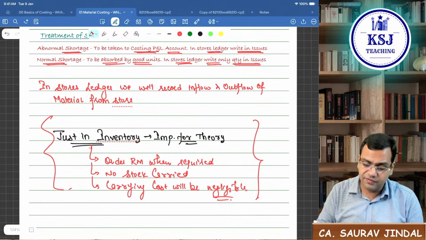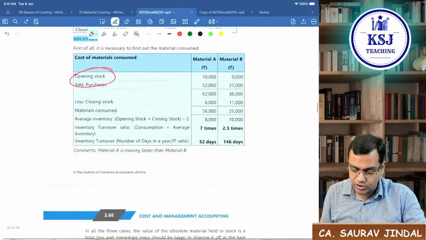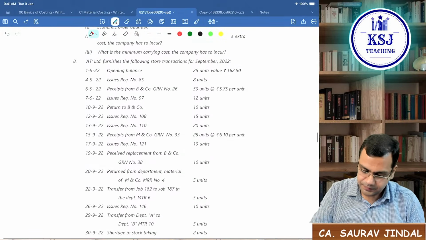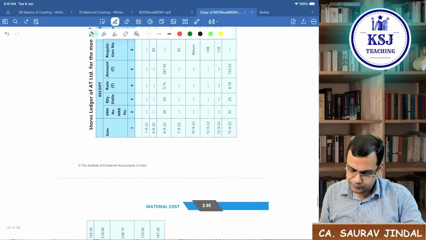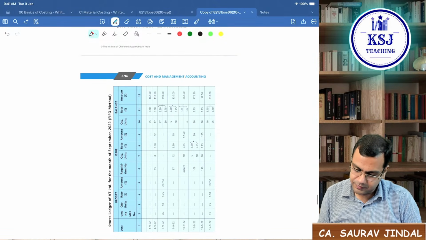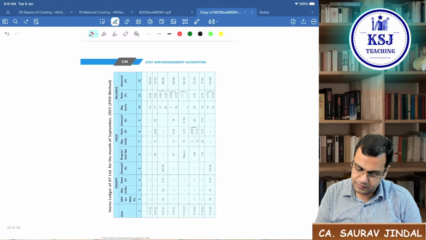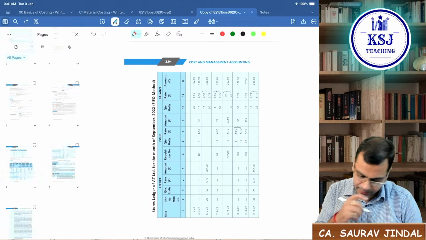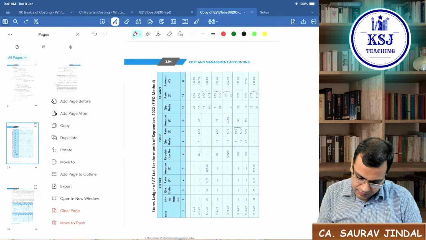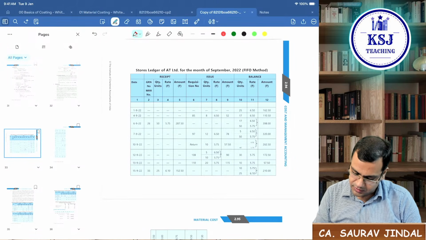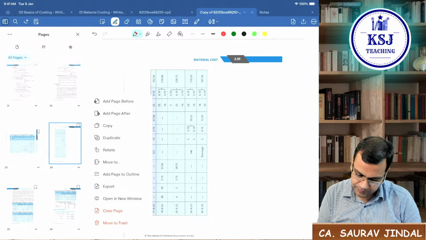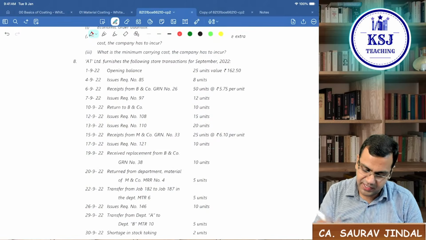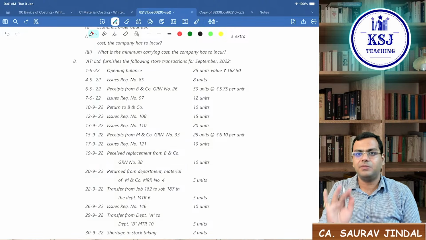Any doubts in the last concept? If you have, I will take them up, then we will do question number 8 and wind up this chapter on material costing.